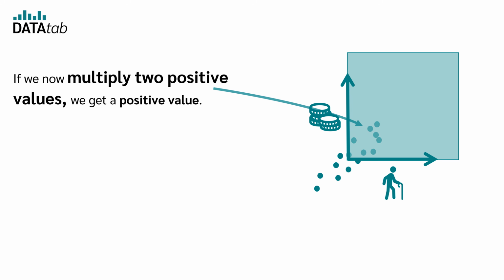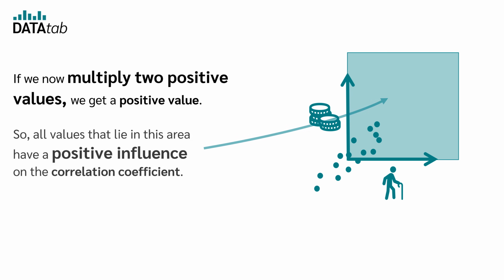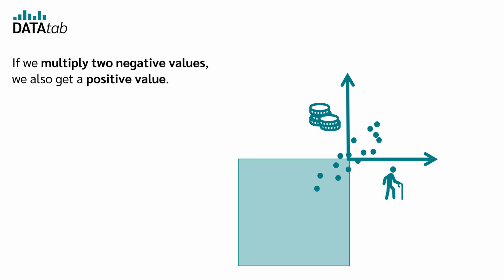If we now multiply two positive values, we get a positive value. So all values that lie in this area have a positive influence on the correlation coefficient. If we multiply two negative values, we also get a positive value. Minus times minus is plus.